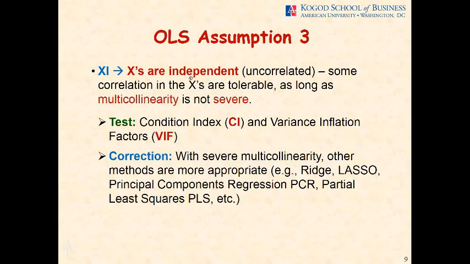But just to let you know, there's two tests that we were going to do. One is called the condition index. The condition index looks at the overall multicollinearity of the entire model. It looks at all the predictors together. And then the variance inflation factors is what we use once we've determined that there is collinearity in the data.